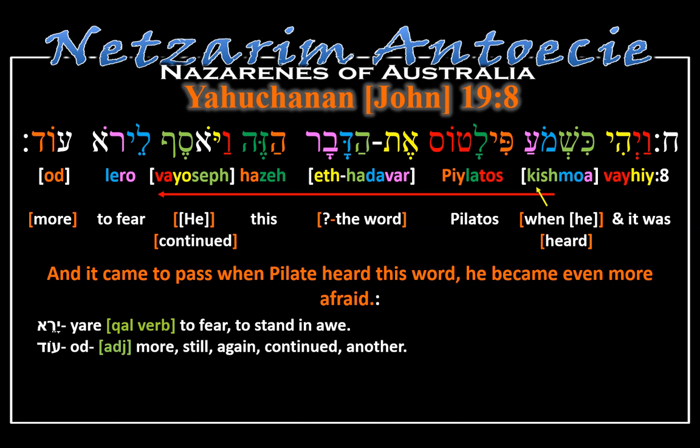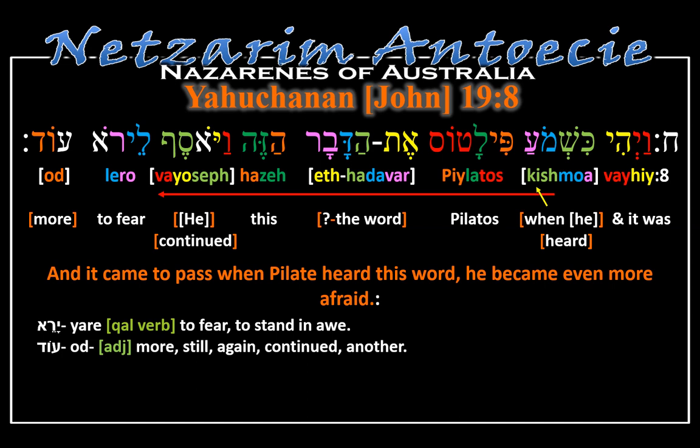So when he heard, in context, Pilatos, which means Pilate. Et ha-davar, meaning the word. Ha-zeh, this. Va-yosef. And he continued. Now, how do we get that? Well, yosef means to add, right?